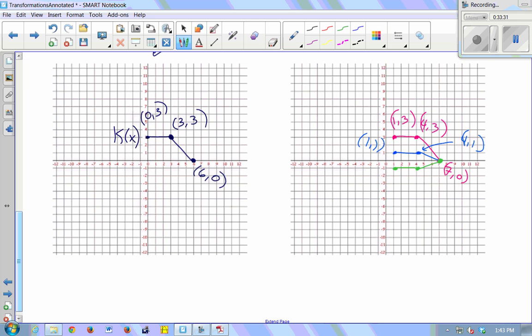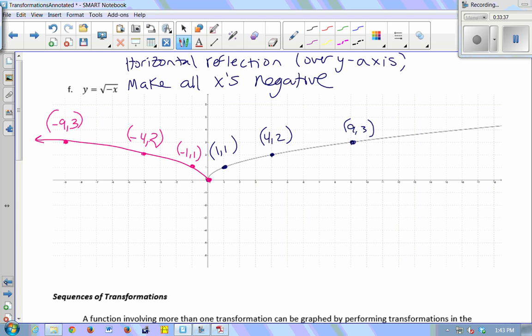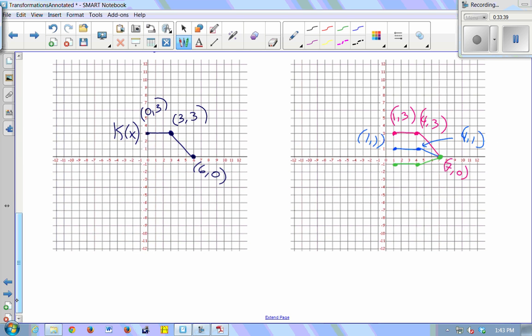And then the last thing I'm supposed to do is shift up 3. So add 3 to every y coordinate. I'll put these coordinates in here. I've got (1, -1), (4, -1), and (7, 0) still. Okay, so the final step is to take that green function and move it up 3 units.